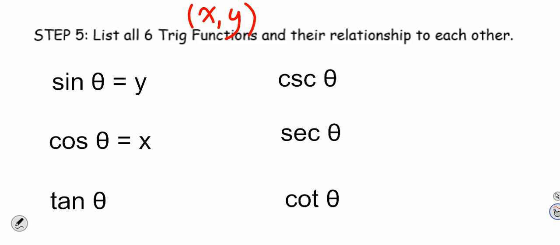Let's go ahead and remind ourselves how tan and the rest of them relate to sine and cosine. So sine and cosecant, they're reciprocals of each other. So if sine is equal to y, cosecant is equal to 1 over y, all right? So another way to say that, let's go back to here.